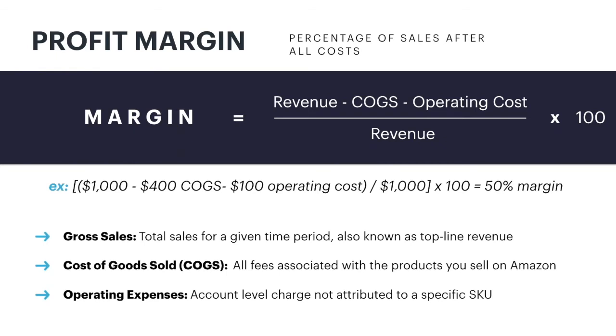So what it costs you to make it, the fees associated with selling on Amazon, and also advertising dollars too. And then operating expenses are all of those account level charges that aren't attributed to an individual SKU. So as I mentioned before, it's storage fees and damages and all of these other account level charges Amazon puts on your payments reports.